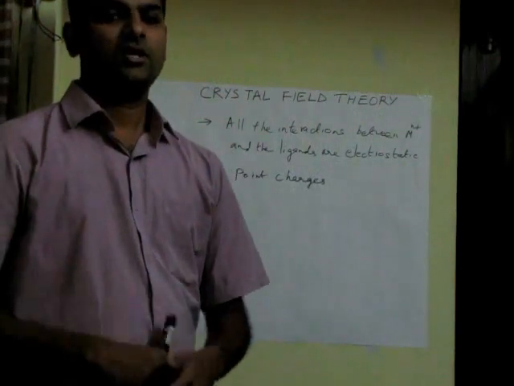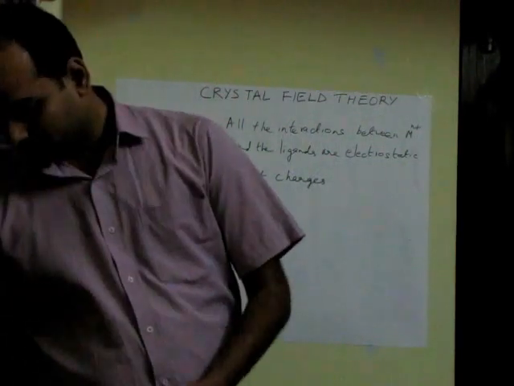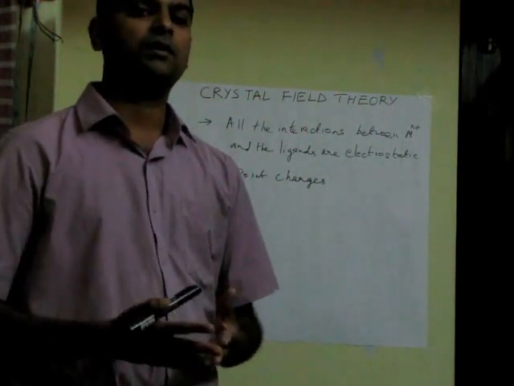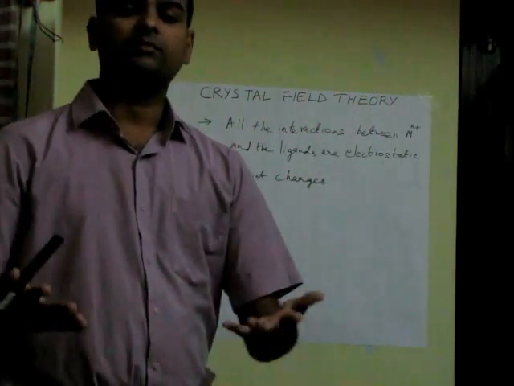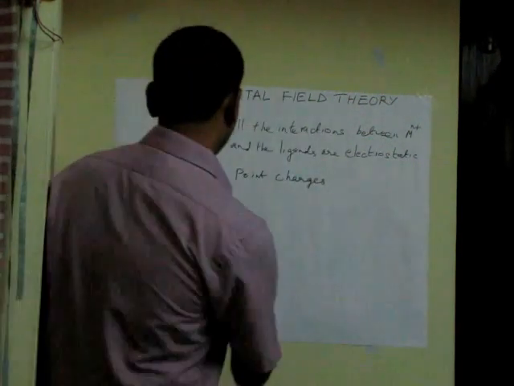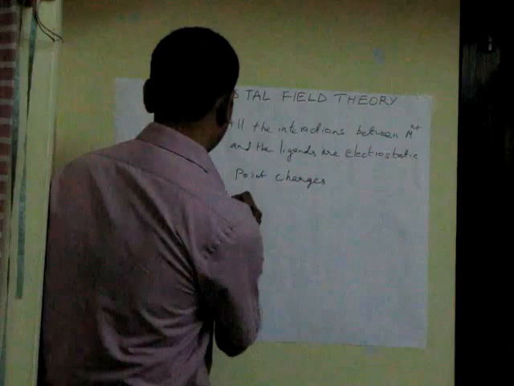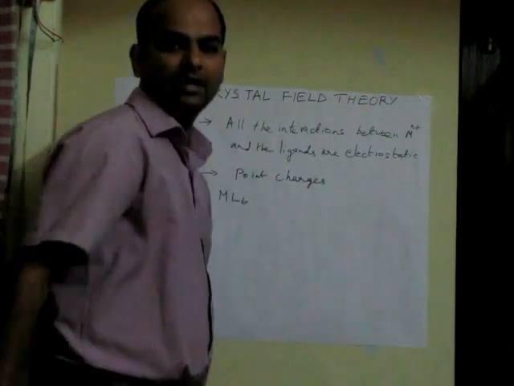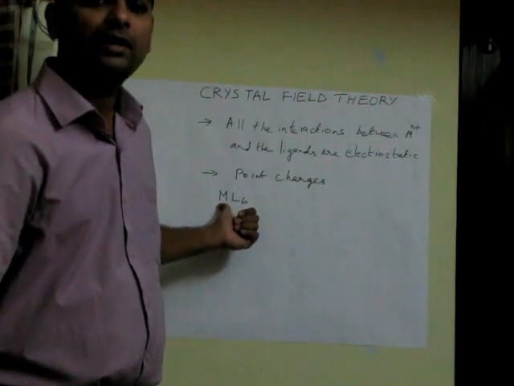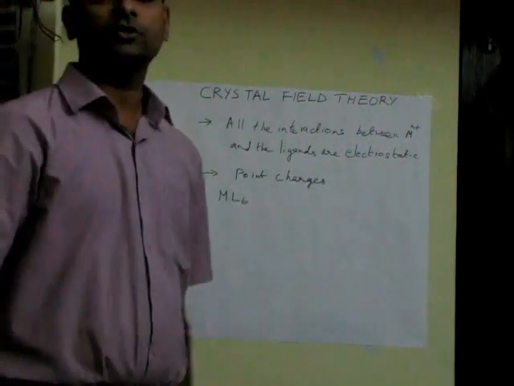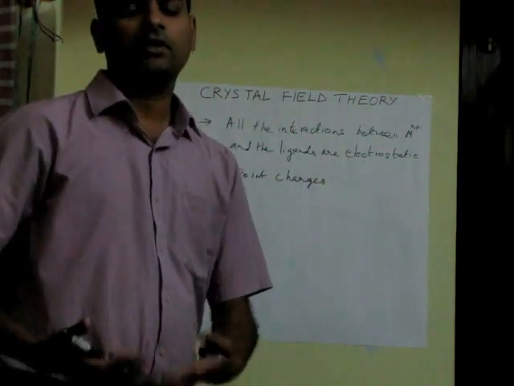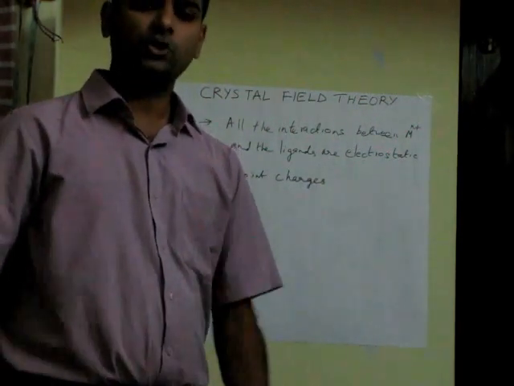coordination complexes. So let's take the example of a coordination complex which has an octahedral geometry. Let's call the complex ML6, and 6 ligands are bonded to the metal in an octahedral fashion, or in an octahedral geometry.